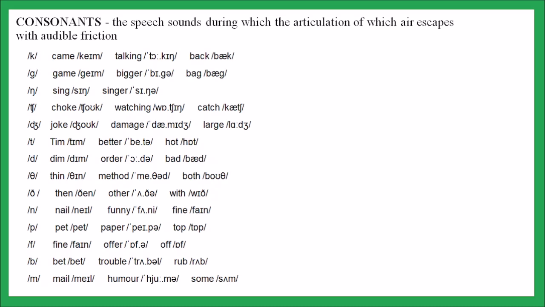Then g sound. K, g. G as in game, bigger, bag. Then k, g, and the third one is ng sound. In Malayalam we know we have ka, kha, ga, gha, nga.